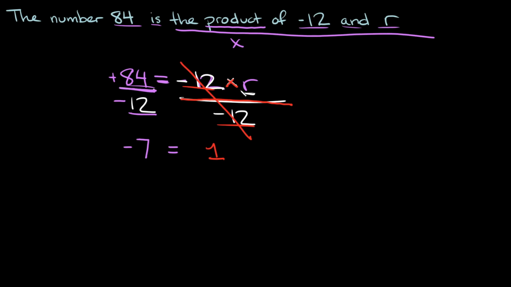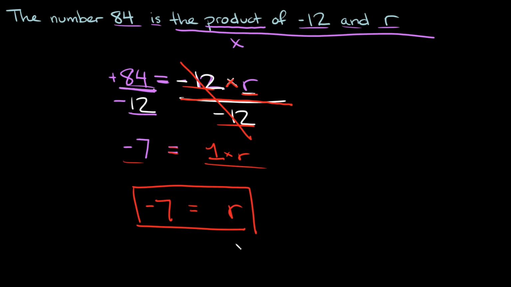And then we're multiplying that by r, right, times r. So negative 7 is equal to 1 times r. But what is 1 times r? Well, that simplifies to just r, right? Okay, so now we're just left with negative 7 is equal to r. So that is our answer.